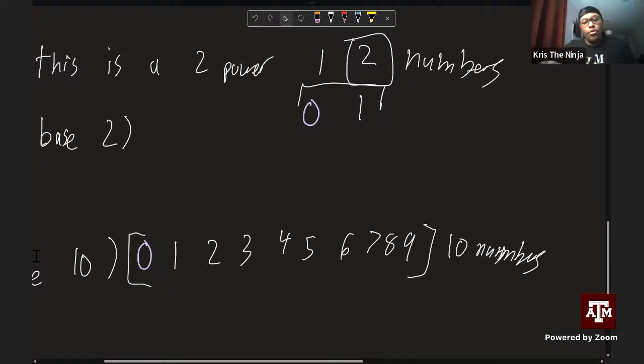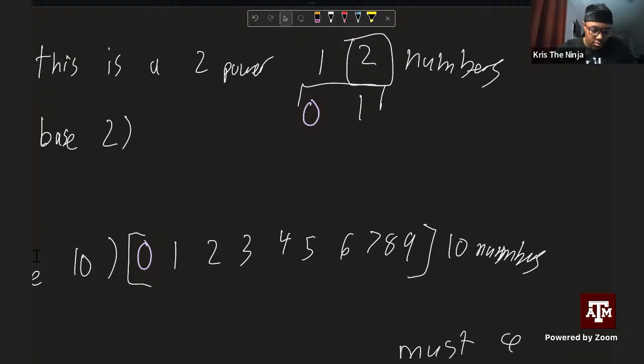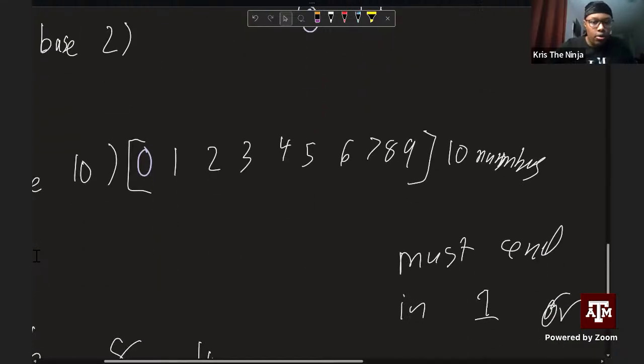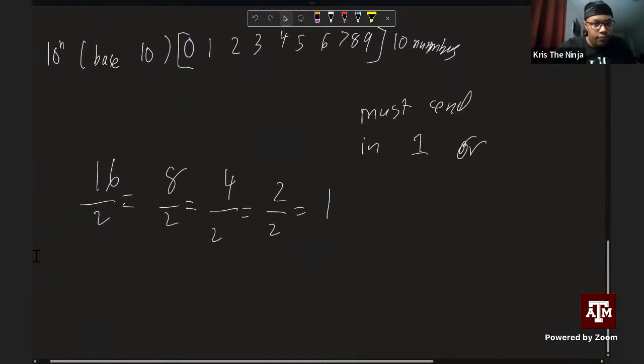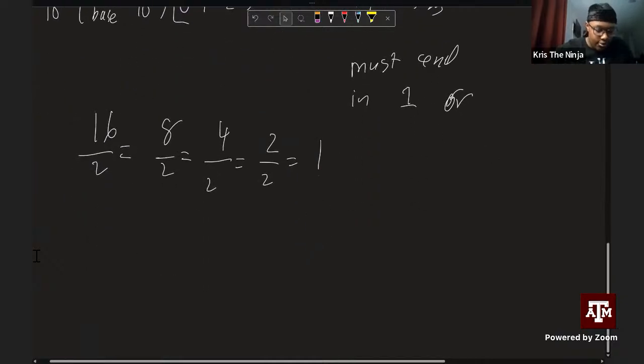Since we only have 0 and 1 to work with, we need to make sure that the value we're getting ends with a 1 or 0.